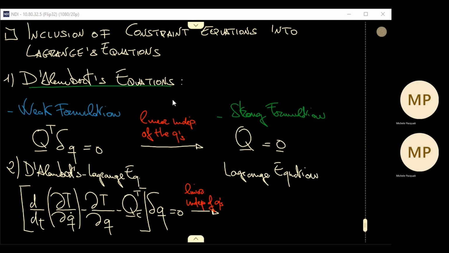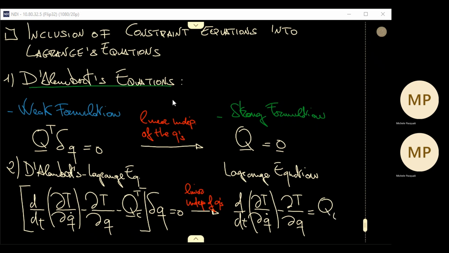All right, so in this case, I'm writing the form in which we only have kinetic energy and not the Lagrangian function. So these were basically the results that we had yesterday.